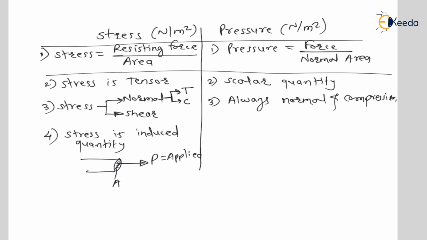For this applied force the component will give resistance or reaction, and stress is because of this resisting force. Whenever there is a resistance in the component then stress will come. Here the applied quantity is force, and because of this force resistance is induced in the component, and because of this resistance stress is induced, hence stress is called an induced quantity.